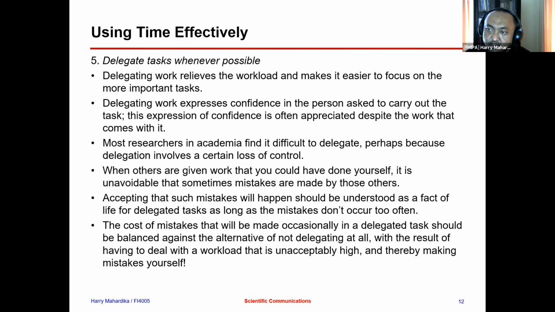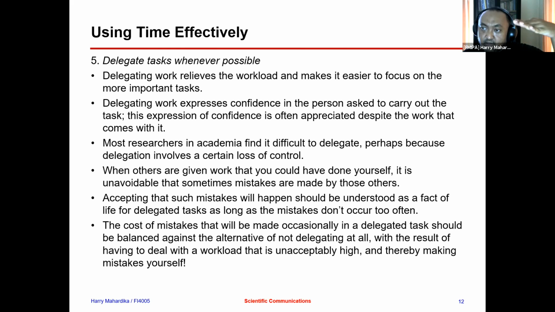perhaps the quality is not as good as when you are doing it yourself. So please remember that if you are planning to delegate some things, you need to make sure that the quality and also the expected level that person needs to have is already achieved.